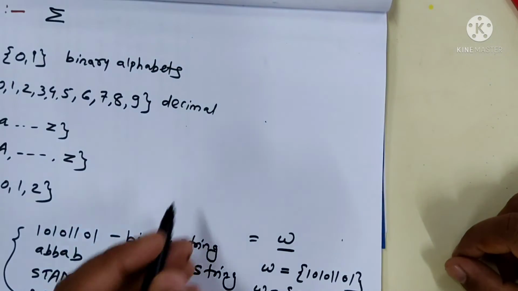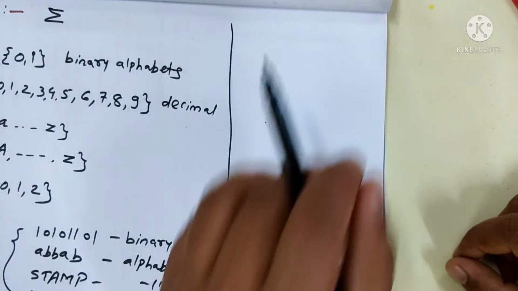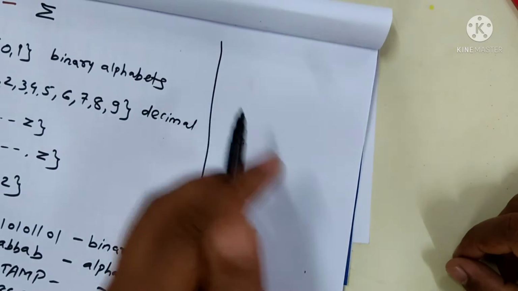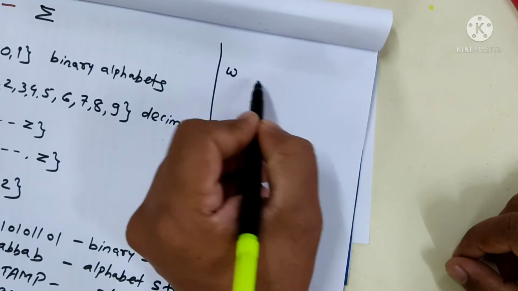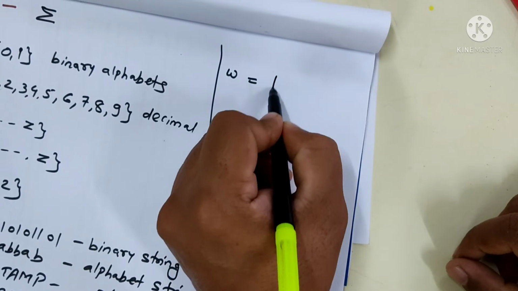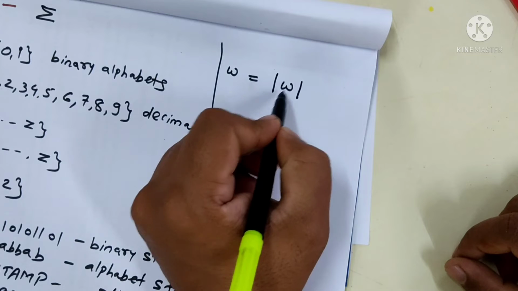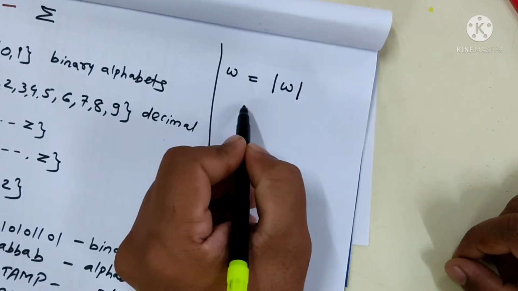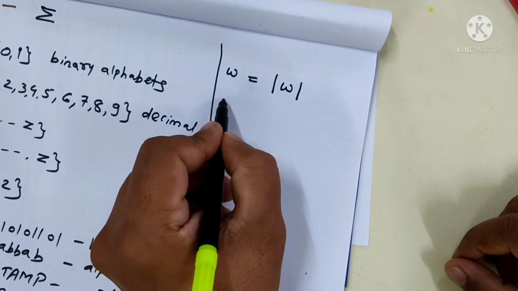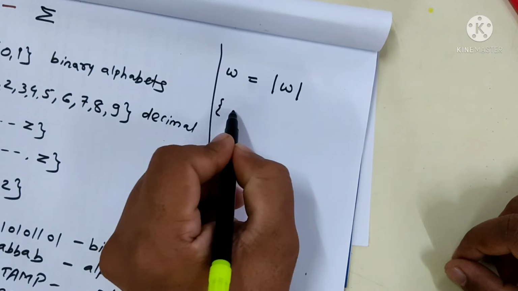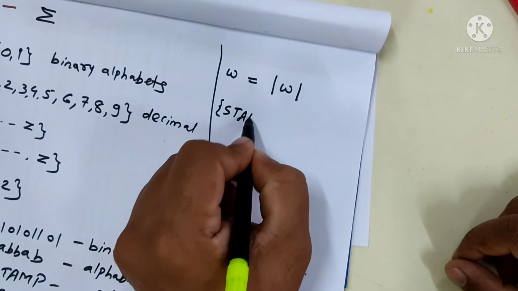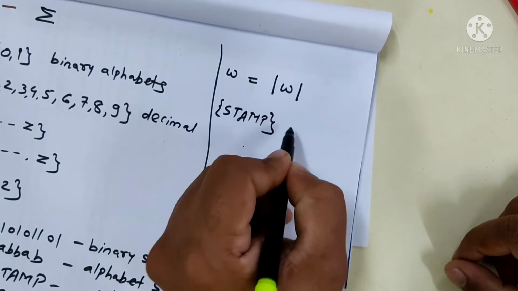Now suppose we need to find the string length. The string is denoted by w, and the length of the string is denoted by |w|, w between straight lines. So suppose the string is stamp.